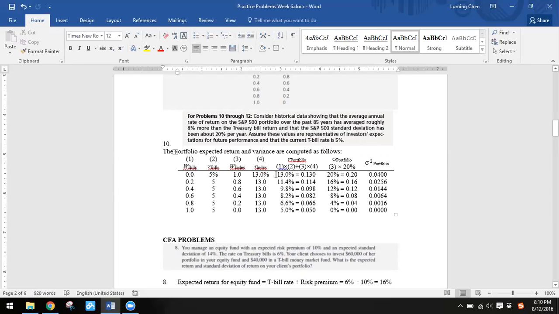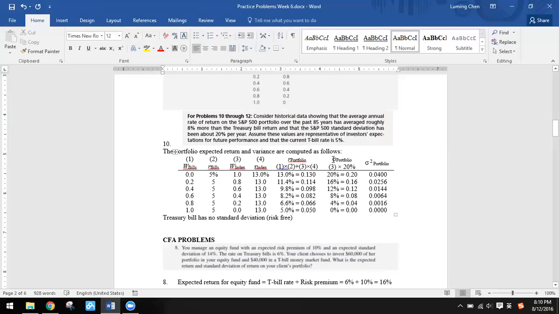S&P 500 index. As for the standard deviation of this portfolio, just note that the Treasury bill has no standard deviation because it's risk-free.